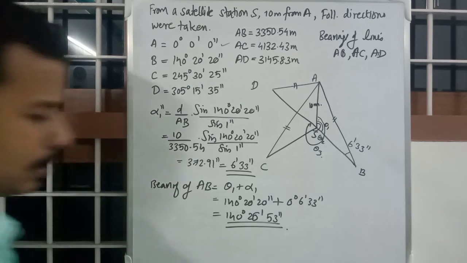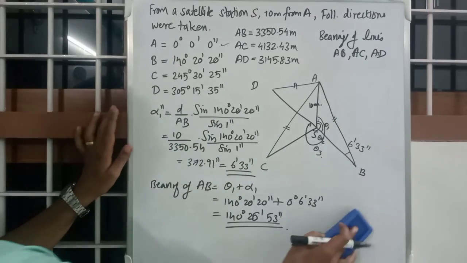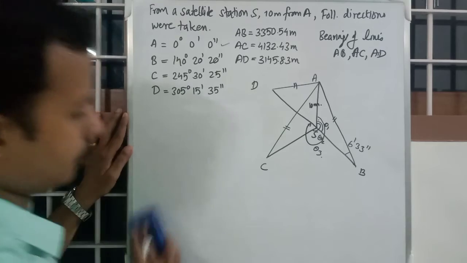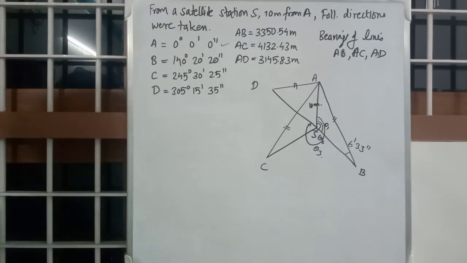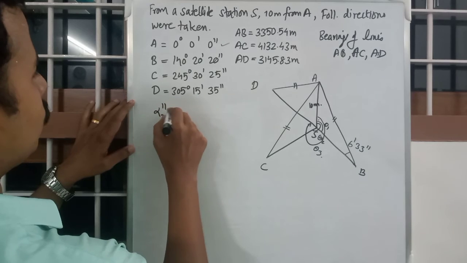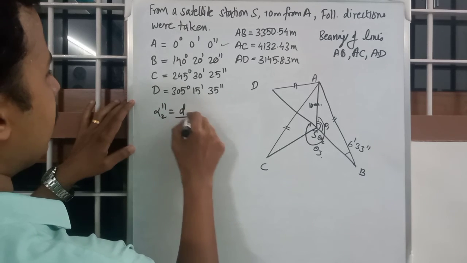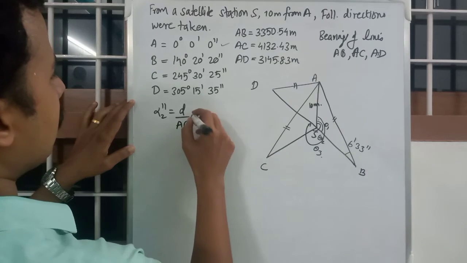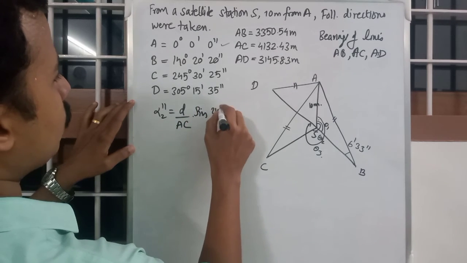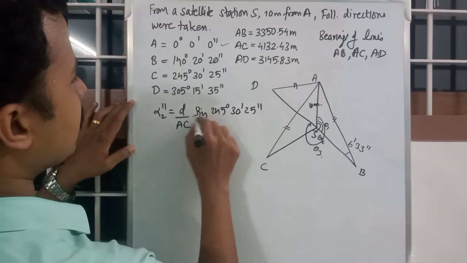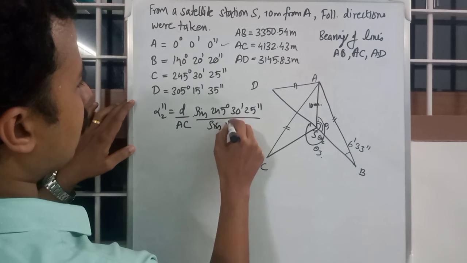Second one: alpha 2 in seconds is d by AC, sine 245 degrees 30 minutes 25 seconds, by sine 1 second.